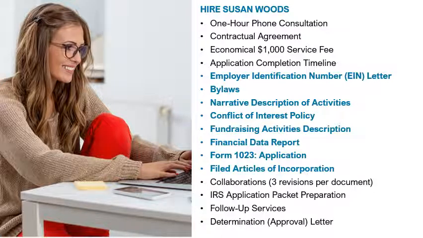And finally, after all of the issues are resolved and the questions are answered, then you will receive a determination letter, which is also known as the approval letter from the IRS, letting you know that you or your nonprofit organization has been approved to provide services in the community as a 501c3 nonprofit organization, which allows you to generate tax-deductible revenues from different sources: grant writing, fundraising activities, individual investments.